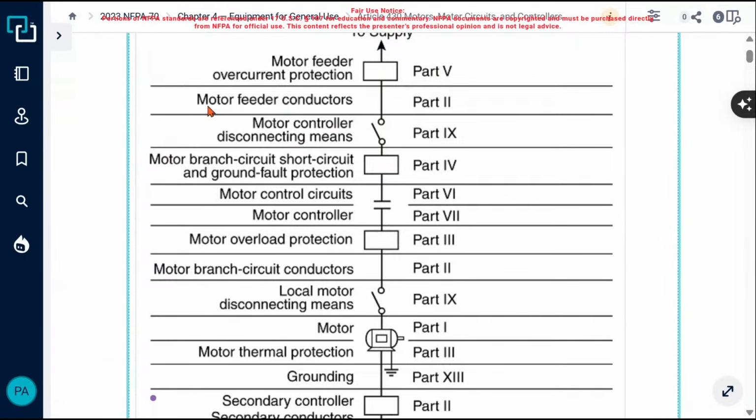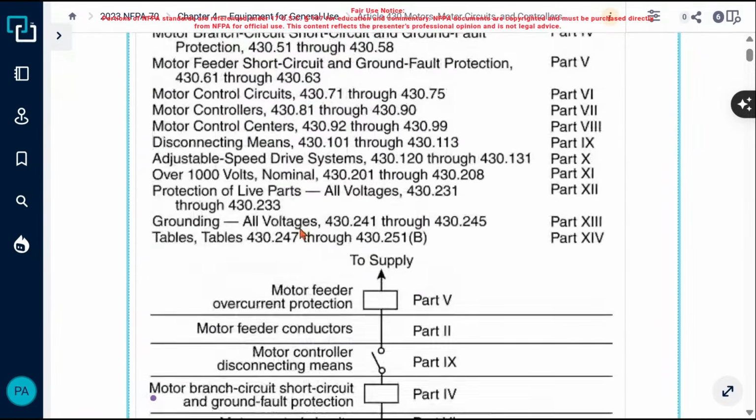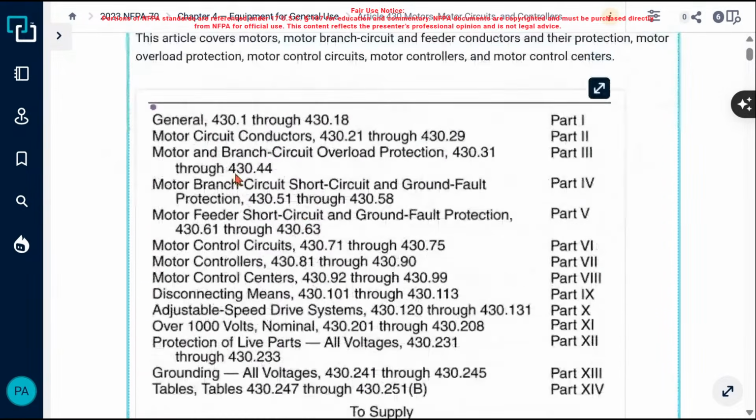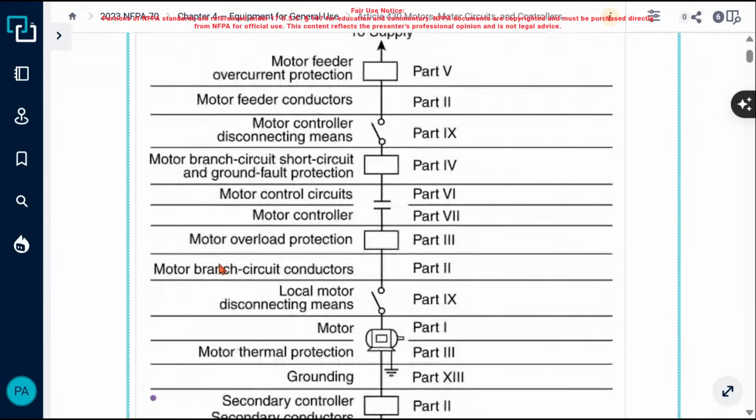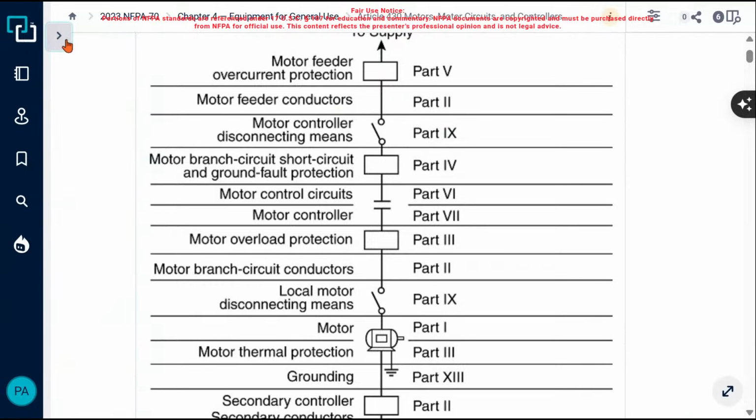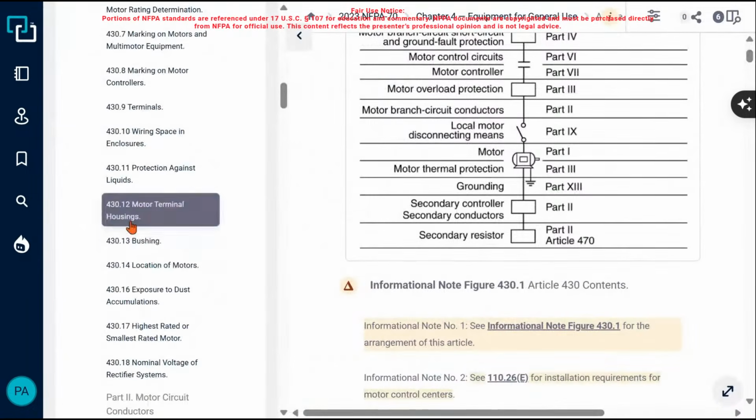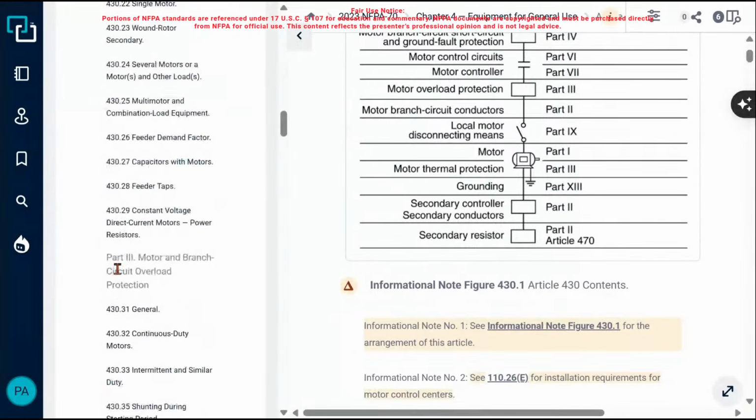See it? Motor feeder conductors, Part 2. Go back up here, motor circuit conductors, Part 2. All about the conductors, okay? So we're going to go immediately to Part 2 in motors. So let's go on and do that.